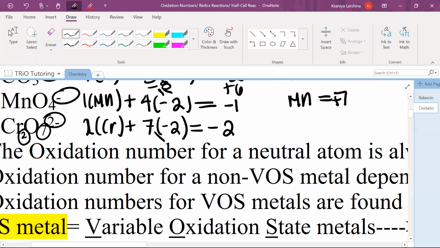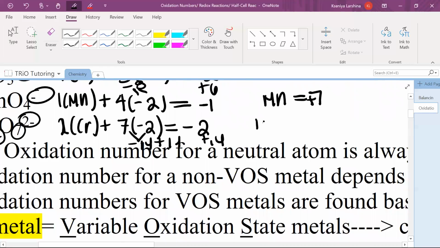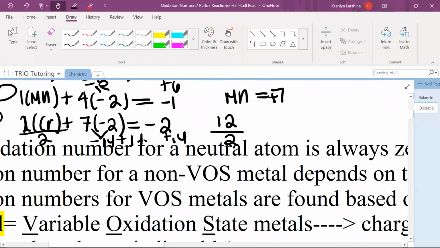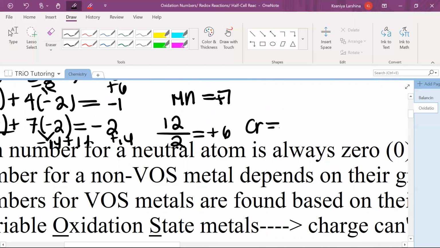So this would equal -14. Add 14 to both sides, and then we have 12. Then we divide by 2 to get our chromium oxidation number, which equals +6. So our chromium equals +6.